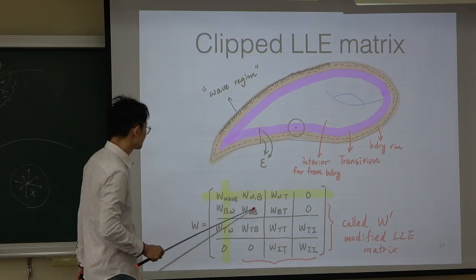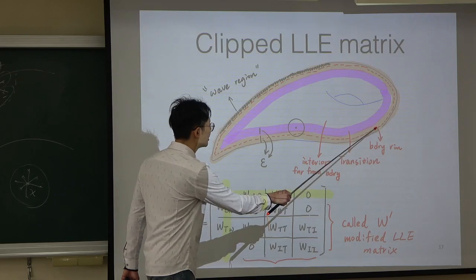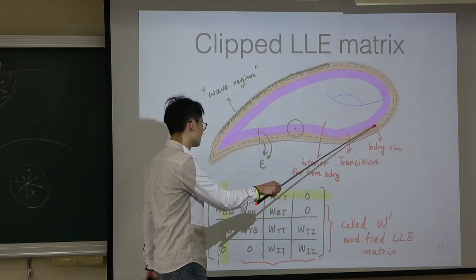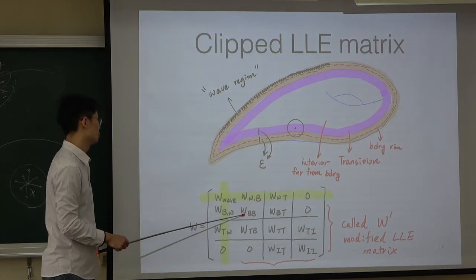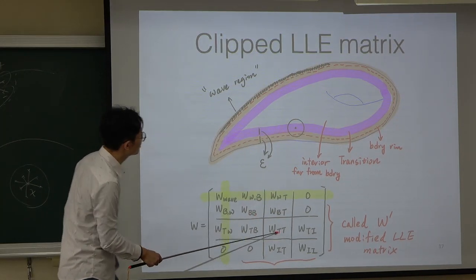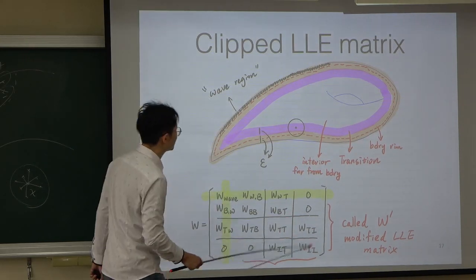What you can see here is BB, this is the boundary, but this boundary is away from the true boundary. This is the rim part away from the boundary, and there's a transition part, and there's also the interior part.